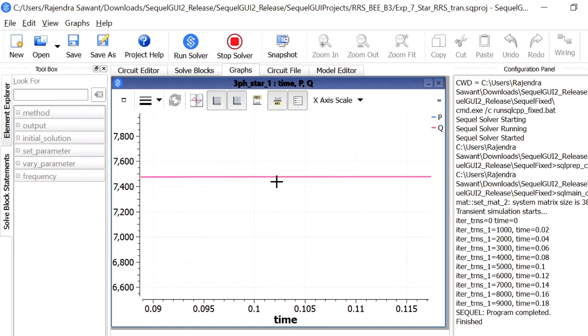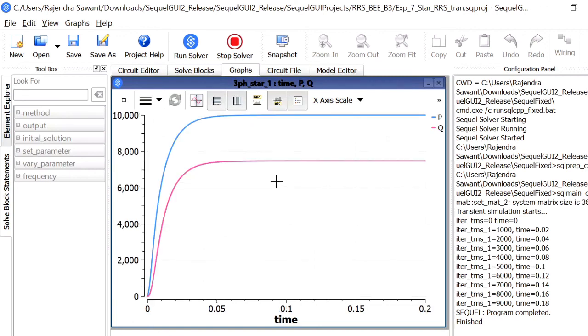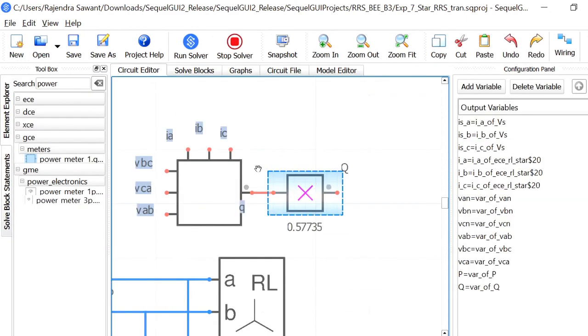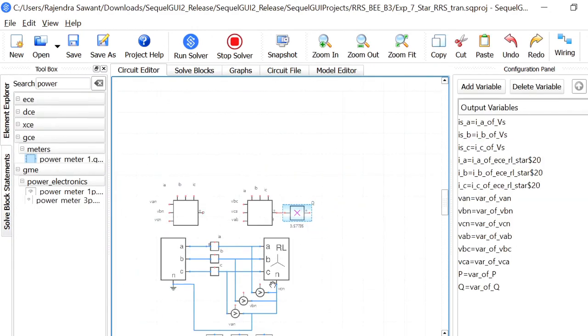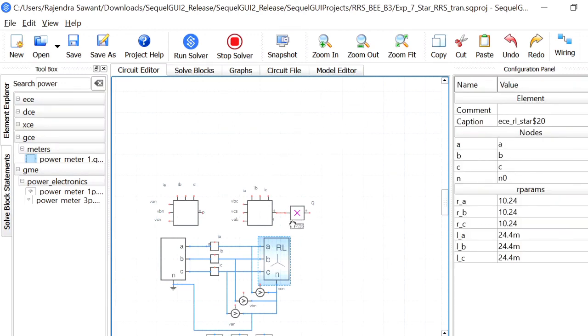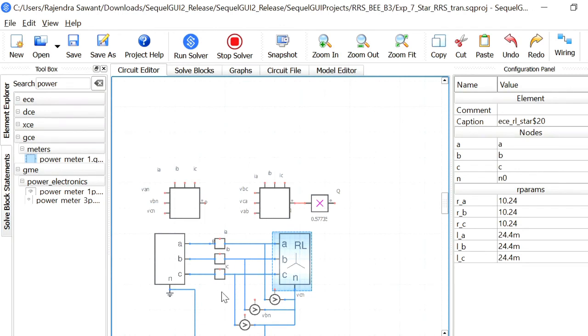This also tells me that the parameter values I have substituted here for the star connected load are correct, to the extent that this star connected load is taking up 10 kilowatt as active power from the mains, and the reactive power is basically 7.5 kVAR.